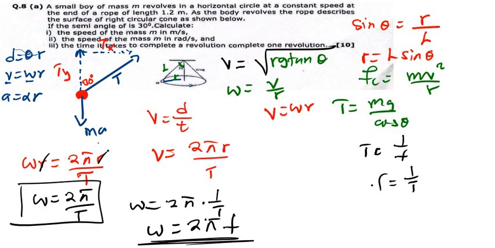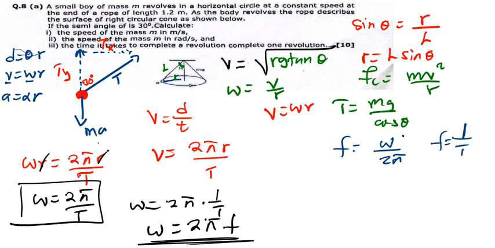Now in a case where I want to find the frequency, you can make f the subject of formula, where you're going to say the frequency is given by w divided by 2 pi. You can use this. Or the frequency is given by 1 over period. But I can also make period the subject of formula here directly.